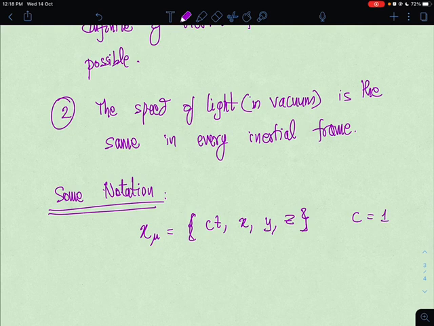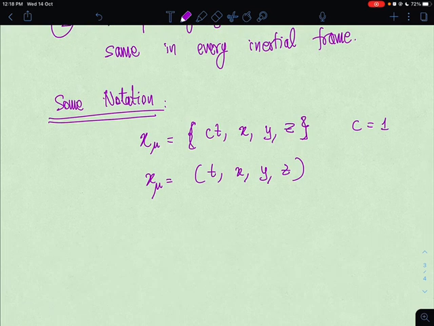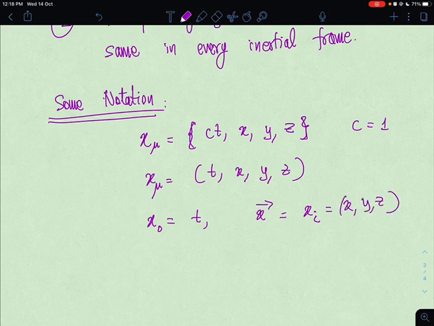Now I'll set c equal to 1, so x mu will just become t, x, y, and z. This notation is called Einstein notation. If you want only the space part, x0 will be t, and x bar, or xi, is equal to only the space part of it, x, y, and z. Okay, x0 is essentially the time part of it, and xi is the space part of it.